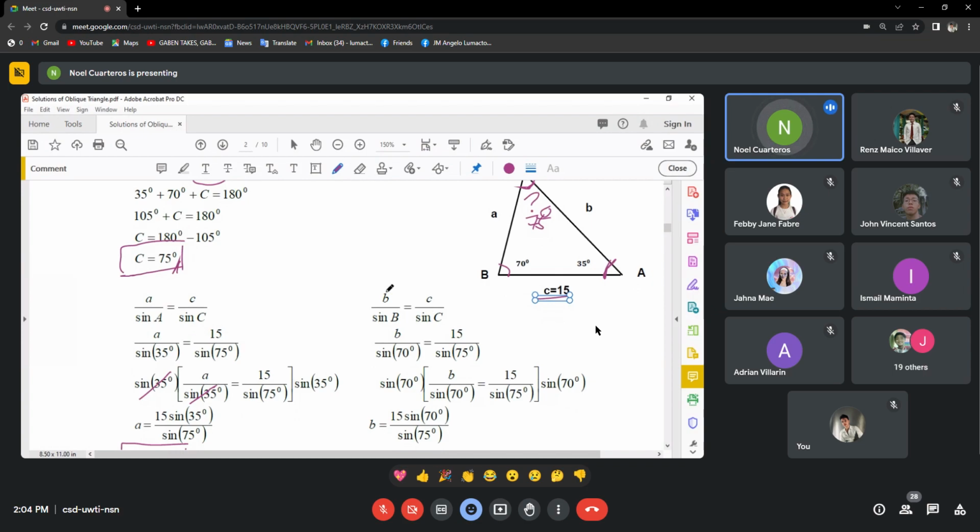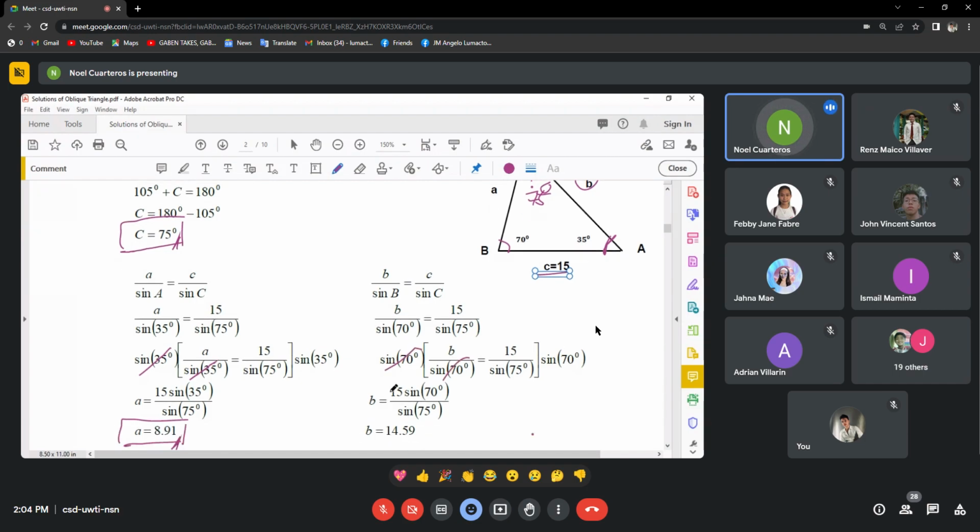So, to find side B, all you have to do is use the law of sines, which is B over sine B equal to C over sine C. Substitute their values. We have B over sine 70 degrees equal to 15 all over sine 75 degrees. To eliminate the denominator, cancel.